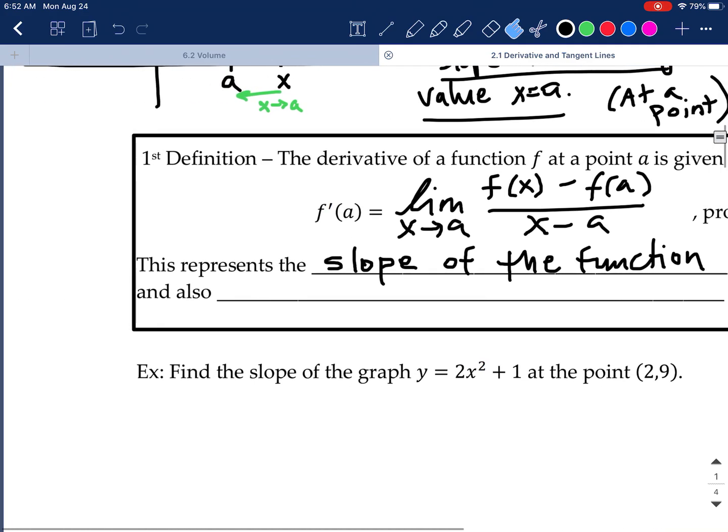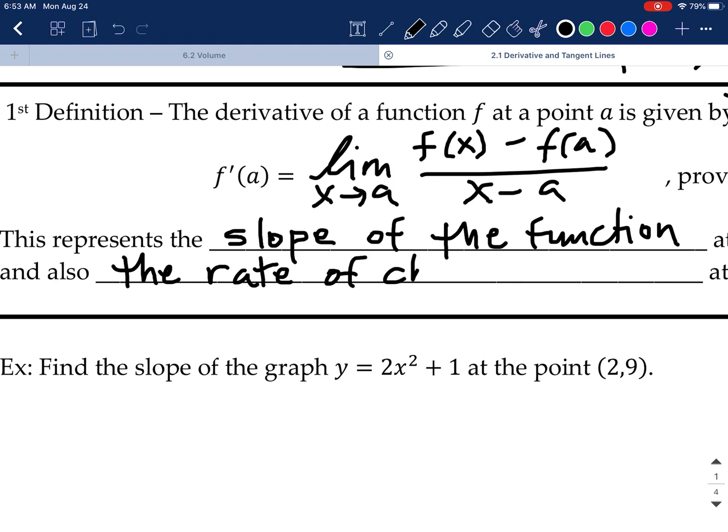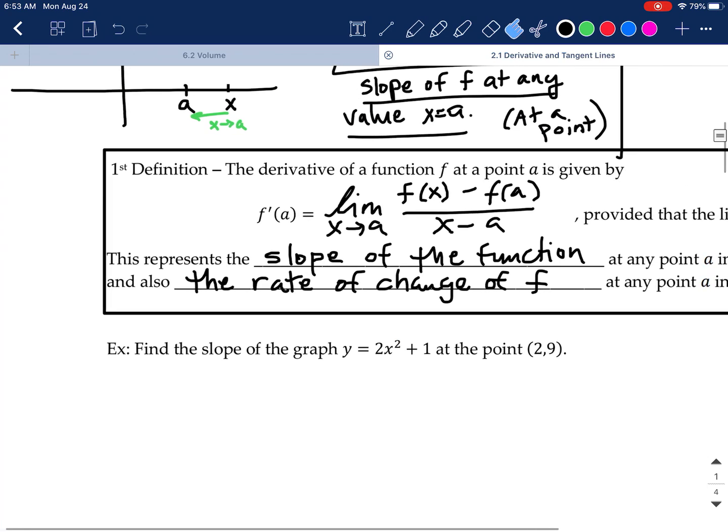at any point a in the domain, and also the rate of change of f.